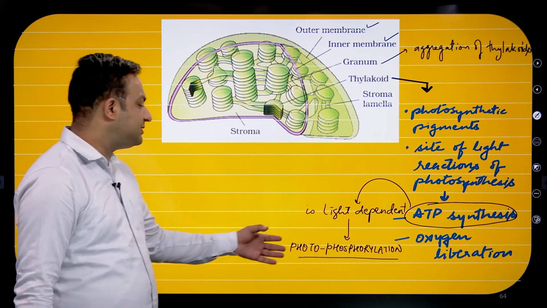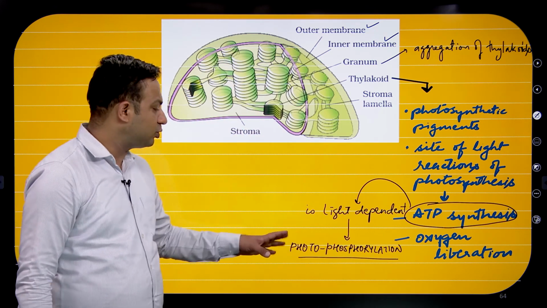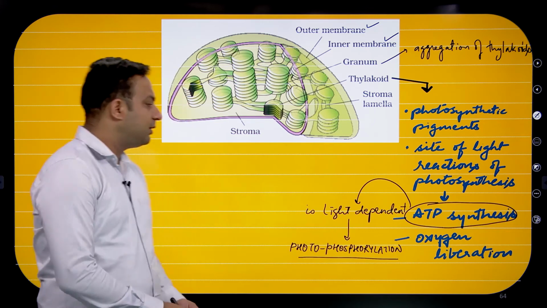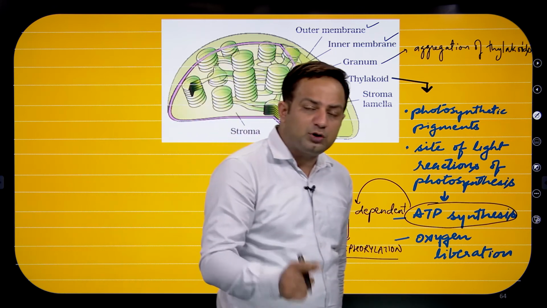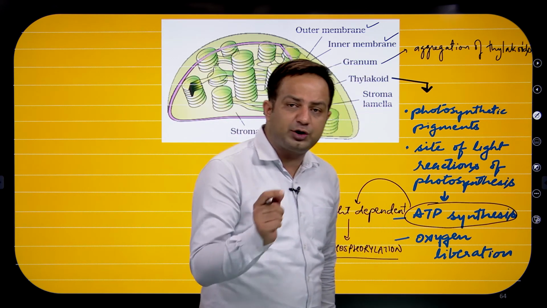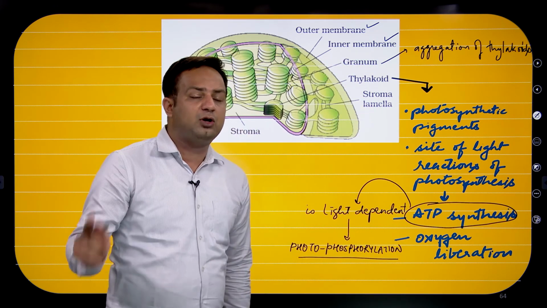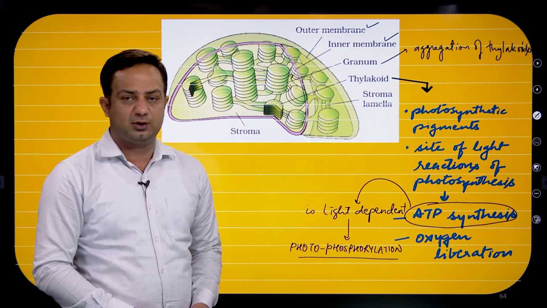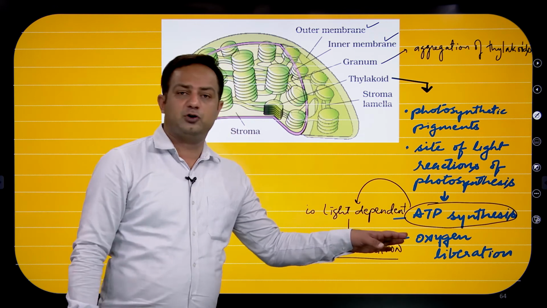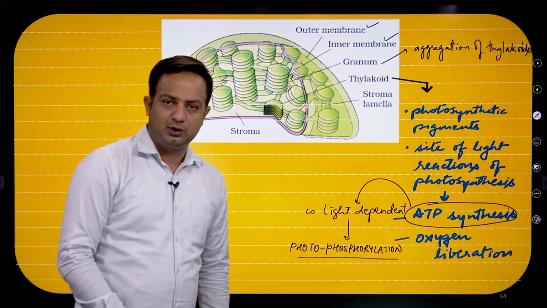So when we have these names, we are very clear about it. ATP synthesis is seen in both types of cell organelles, mitochondria and chloroplast, but in mitochondria we studied the phenomenon as oxidative phosphorylation. Here I am saying photophosphorylation. The two things are different.